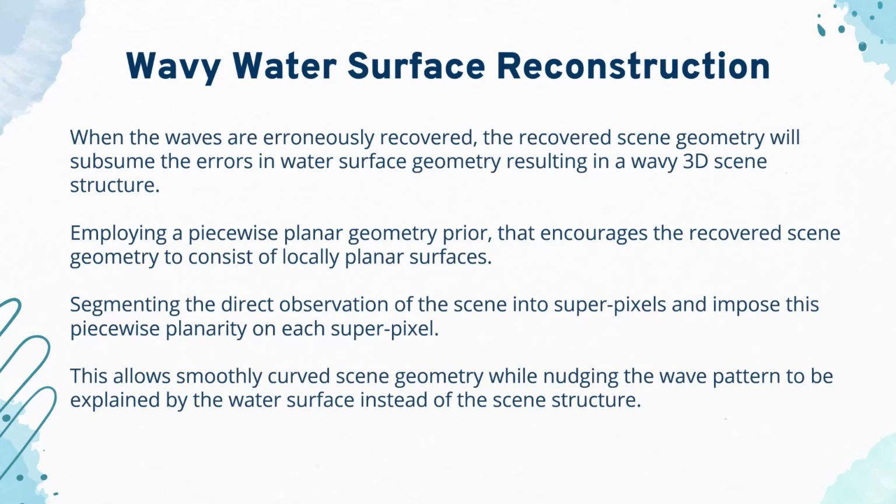In particular, we segment the direct observation of the scene into superpixels and impose this piecewise planarity on each superpixel. We impose this prior in a coarse to fine fashion, in which the superpixel size is iteratively refined. This, in effect, allows smoothly curved scene geometry while nudging the wave pattern to be explained by the water surface instead of the scene structure.